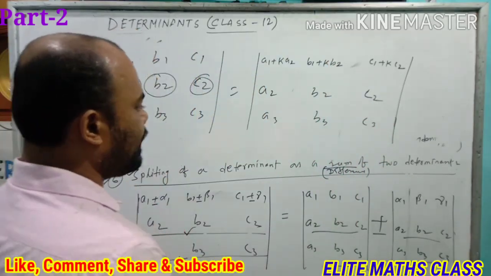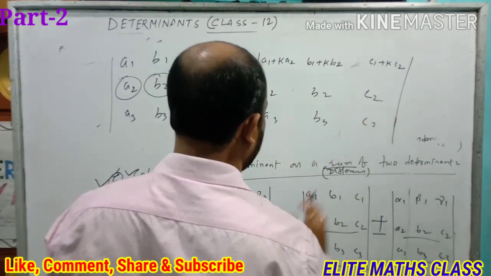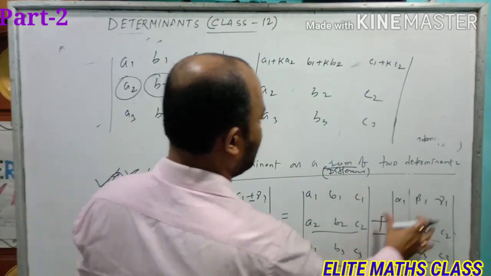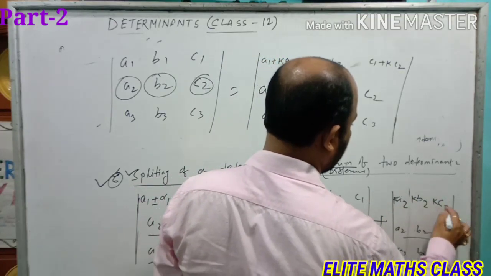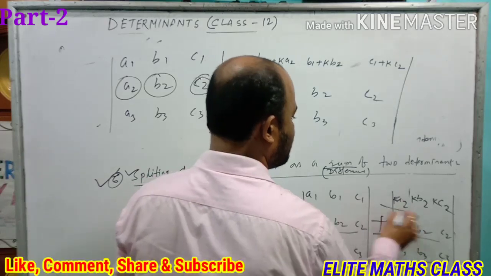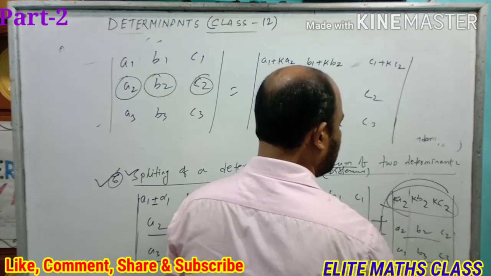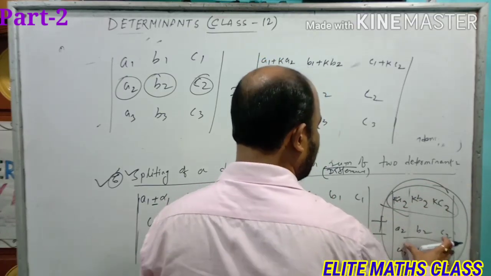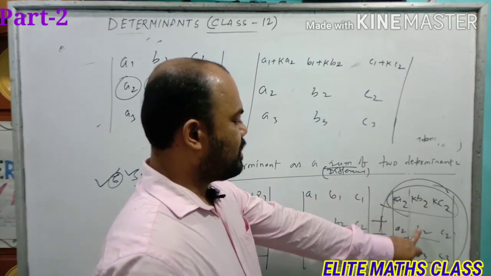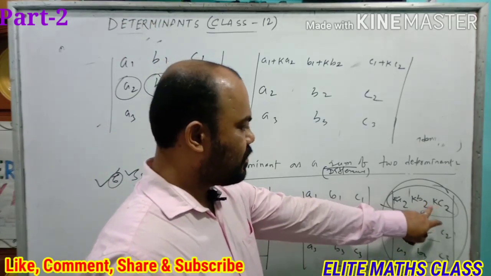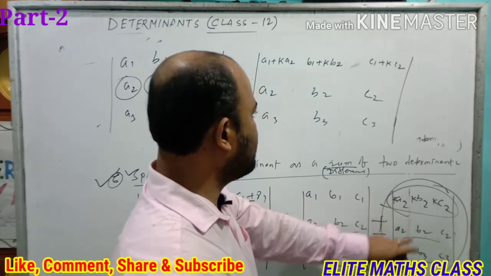What we did here? We did addition of k times multiple of the elements of second row to the elements of first row. Now see, by this property you can split this determinant. There will be two determinants, this one 1, and in the second one here it will be k a2, k b2, k c2. Now see here, first row is k times multiple of second row, so the value of the second determinant is 0 by the property number 5, as these two rows are identical, or if you take k common, then the first row and second row will be same, so the value of the determinant is 0.